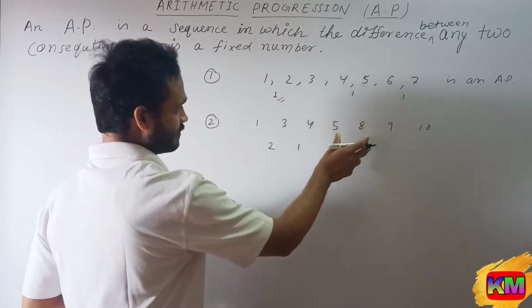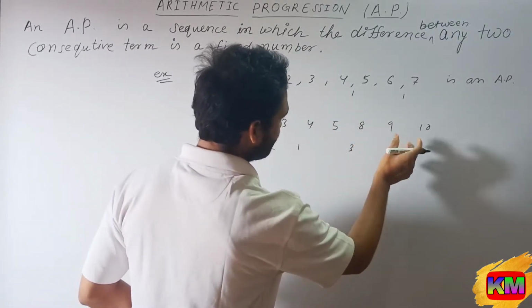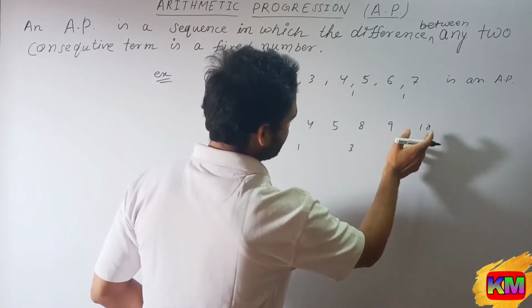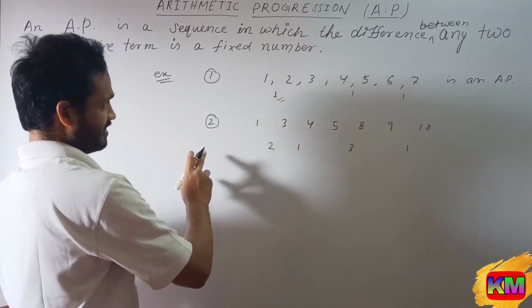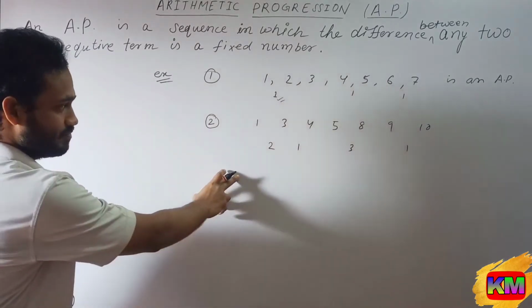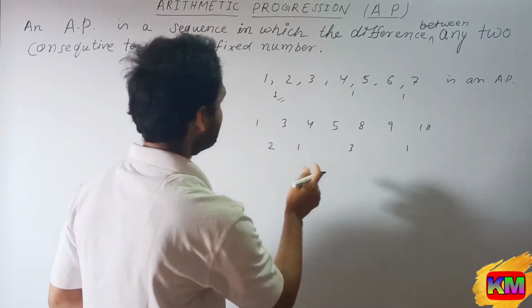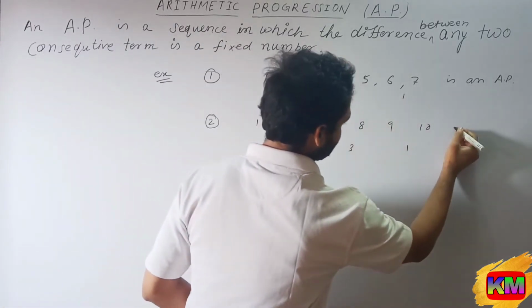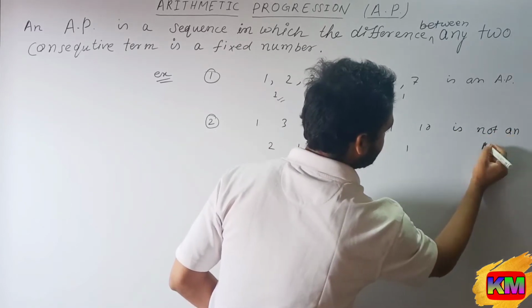The difference between the fourth and fifth term is 3. The difference between the sixth and seventh term is 1. So here the difference between any two consecutive terms is not a fixed number. So we can say that this is not an AP.